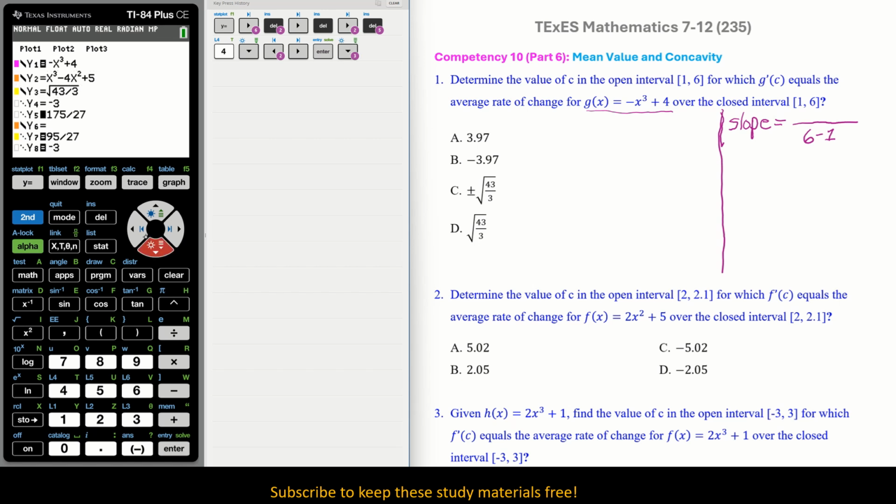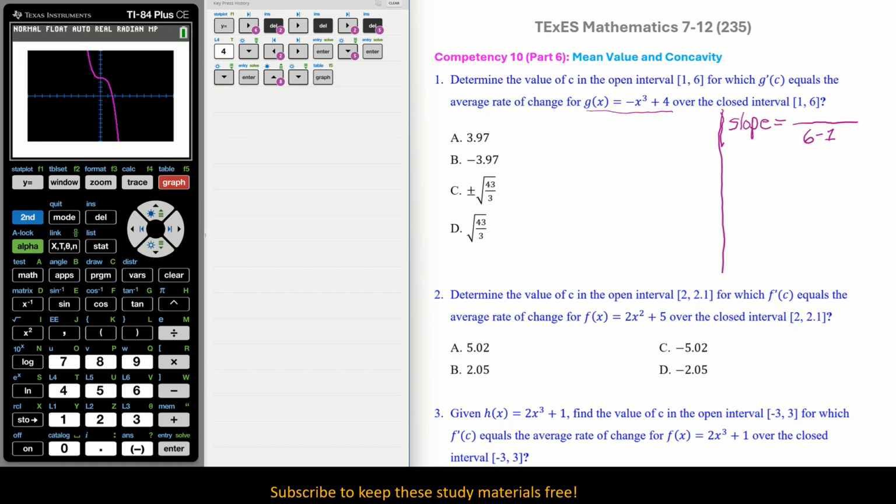Then I'm going down to the bottom to deselect the other items I have in here. I may clear out some of these things in a moment, but regardless, it doesn't matter. Now, as you see, the only thing selected is my y sub 1, my first line. Now let's push graph. And as you notice, it's the only thing that shows up.